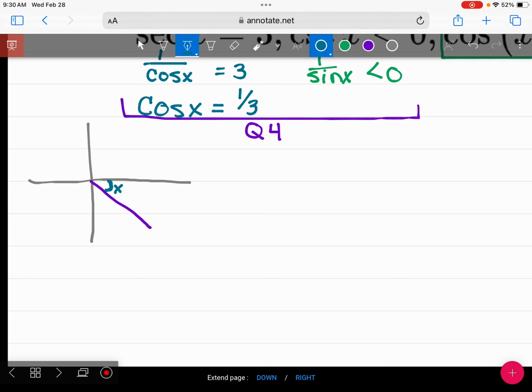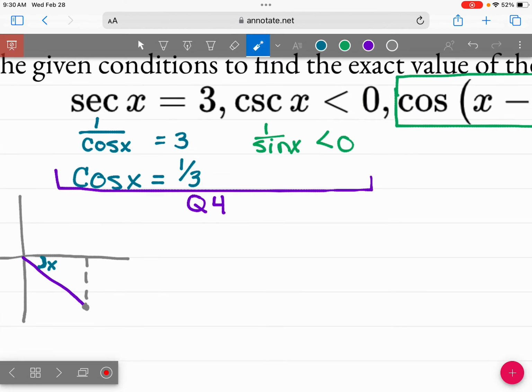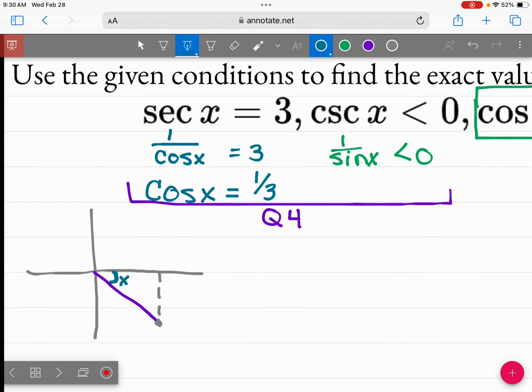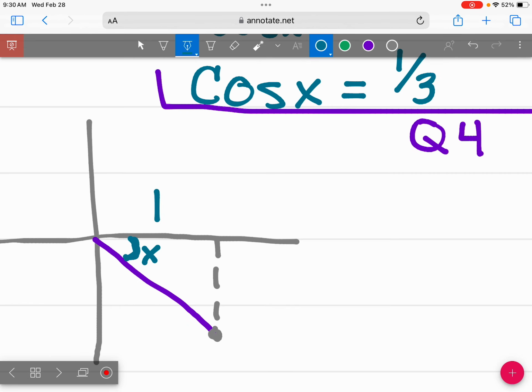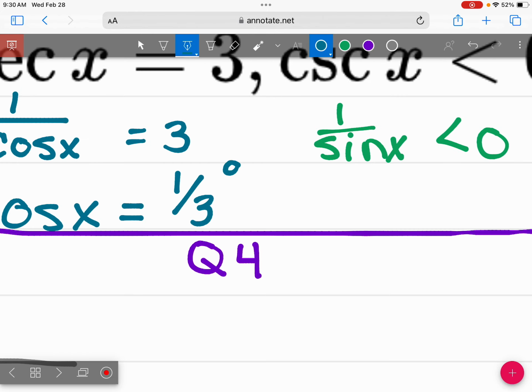Here's this one. We know from the cosine of x, we know the adjacent and the hypotenuse. Adjacent is 1, hypotenuse is 3. So we're going back to remembering some of our old triangle situations from way back in the trig days.